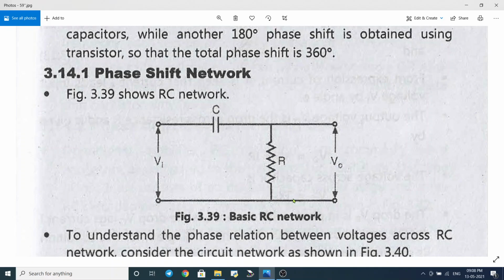One RC network produces a 60 degree phase shift, so 3 RC networks will produce 60 plus 60 plus 60, that is 180 degrees phase shift. But for that we have to select the proper values of R and C.